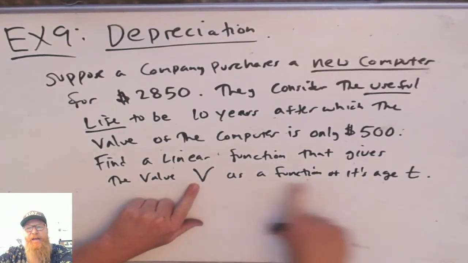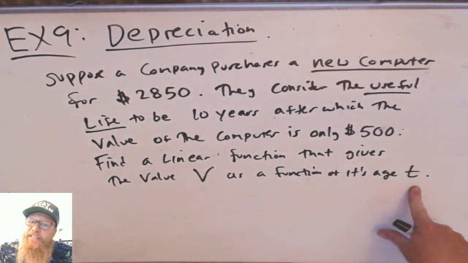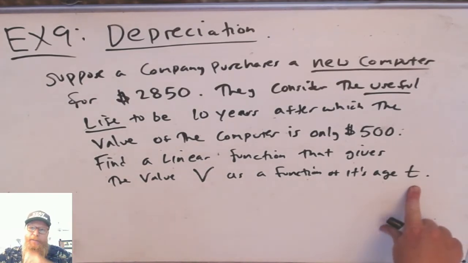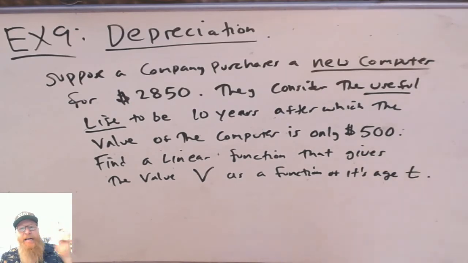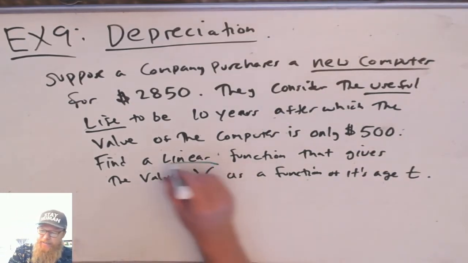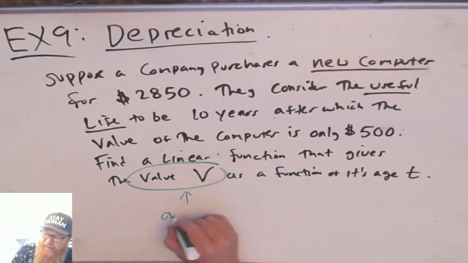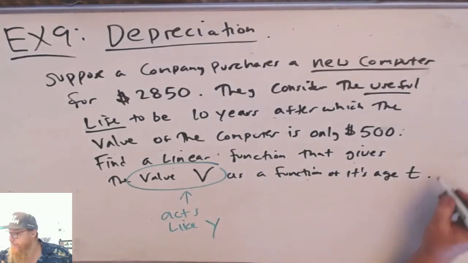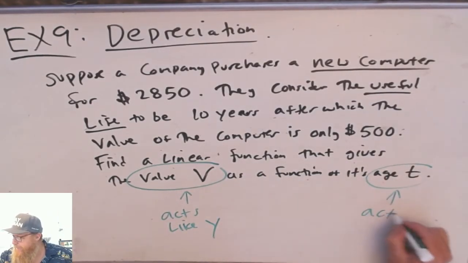V stands for value, T stands for time, which is another way of saying how old it is. So here's the idea. The value is going to act like Y, and the age is going to act like X.